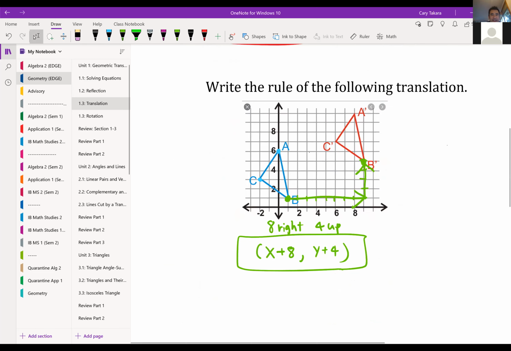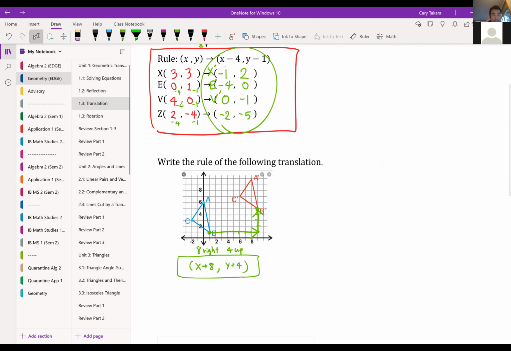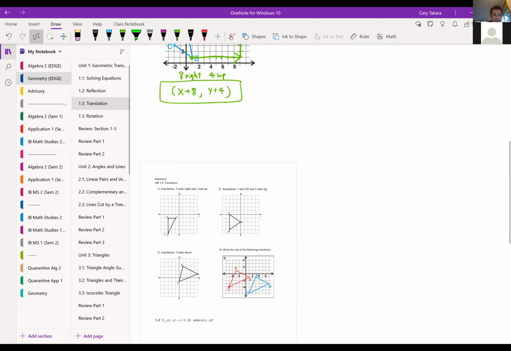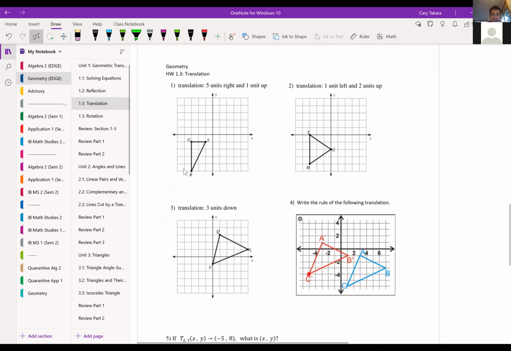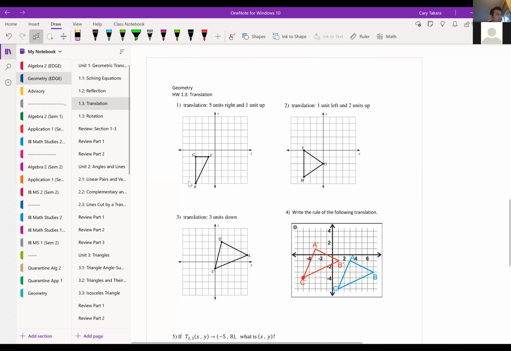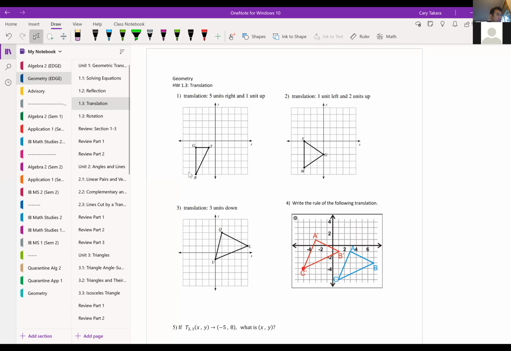Okay, basically that's all I have. So let's work on the assignment, and I think we will just finish this assignment. Is everybody okay?